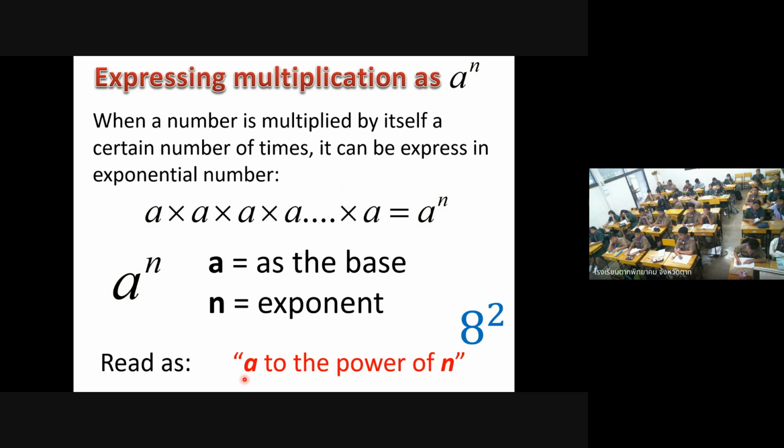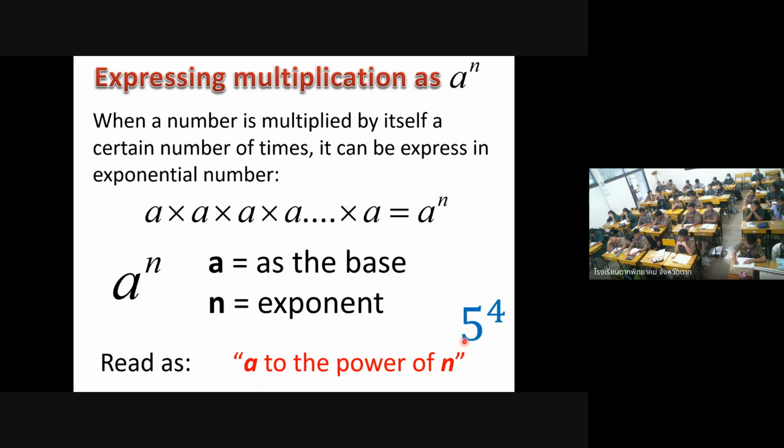If this one is a to the power of n, therefore this one is 8 to the power of 2. Which one is the base? 8. Again, 8 is the base number and the exponent is 2.